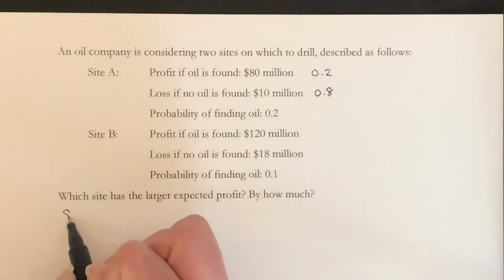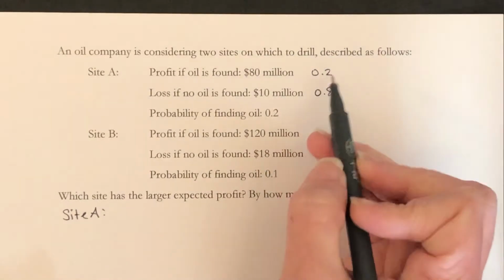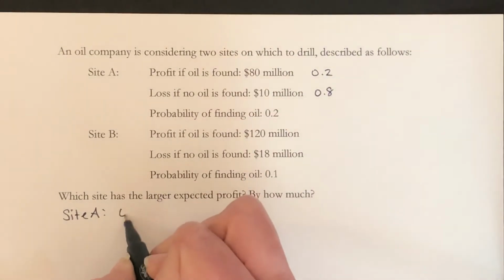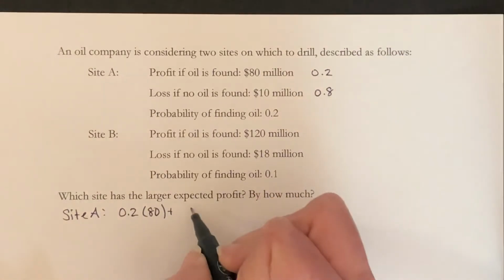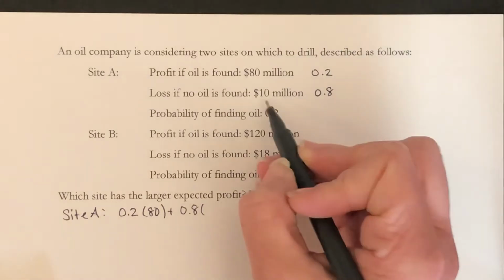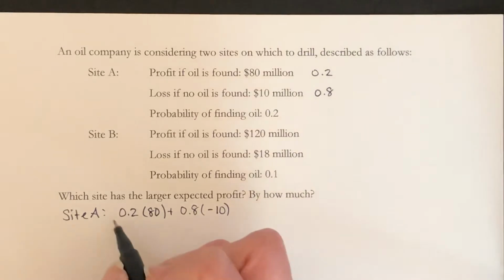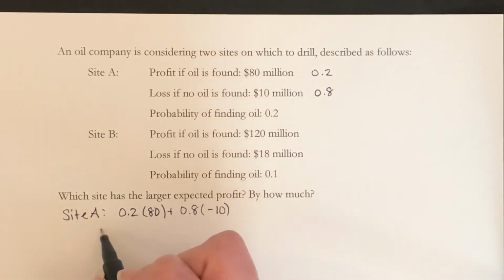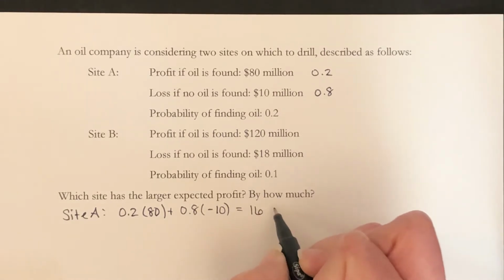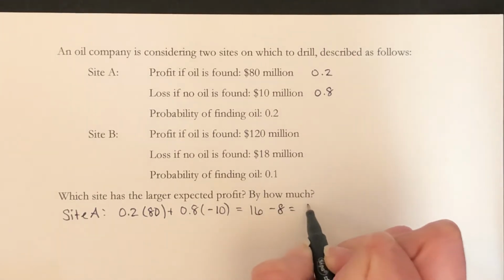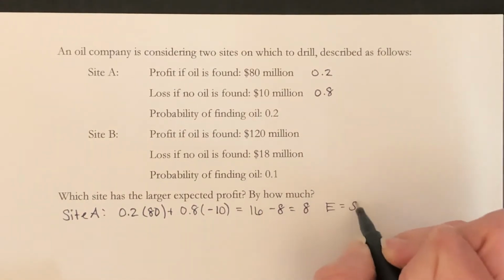So for site A, we have 0.2 times 80 plus 0.8 times, this is a $10 million loss, so it's negative 10. So this gives you 16 minus 8, which is 8. So this has an expected value of $8 million.